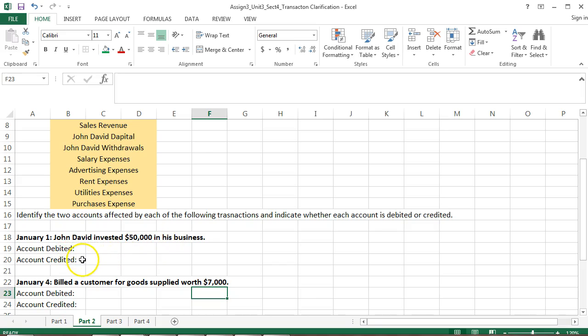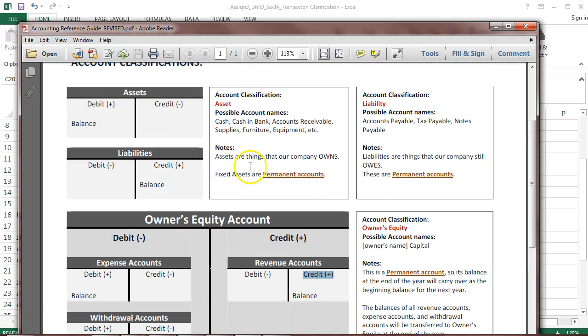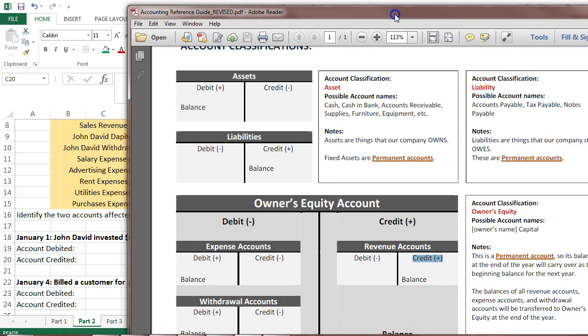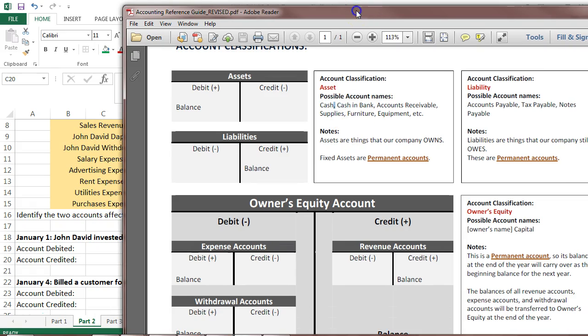So we have $50,000 starting off a business. What account's being debited? What account's being credited? Make sure you whip out your reference guide. Starting up a business always affects our cash. You could call it cash or cash in bank. Maybe you're putting it straight into the bank.